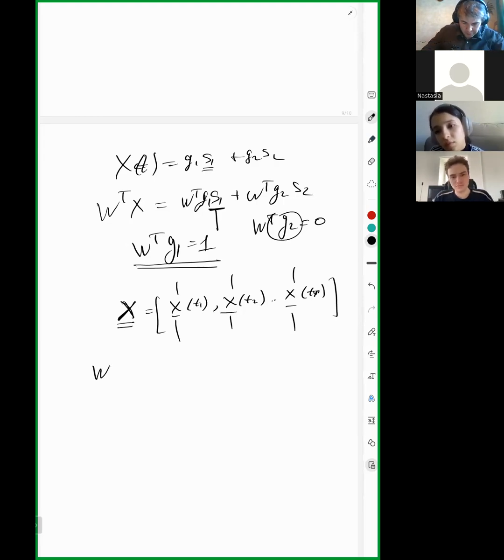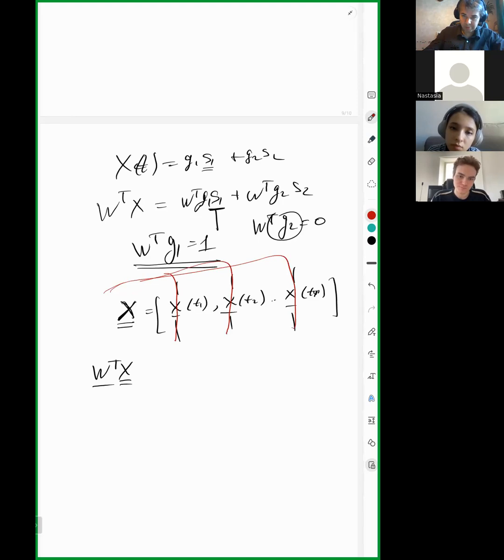Now your W transpose X will be a vector, because you have W transpose multiplied by this guy, giving a scalar, multiplied by the next guy, giving another scalar. So it will be vector Z, but we will denote it as Z transpose, because it's a row vector, not a column vector.